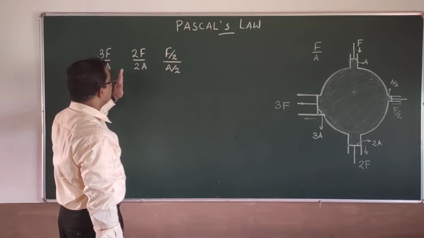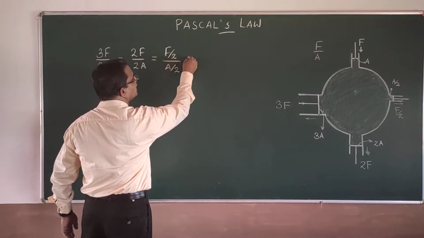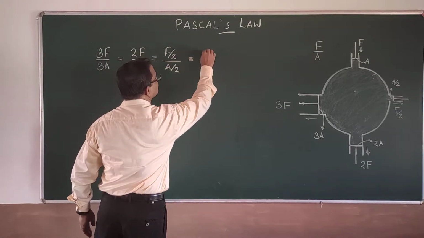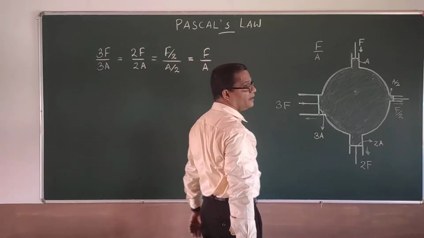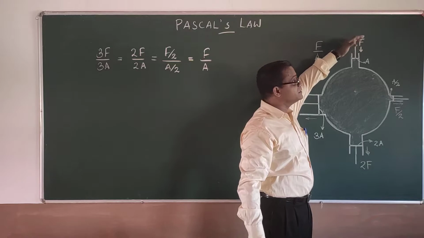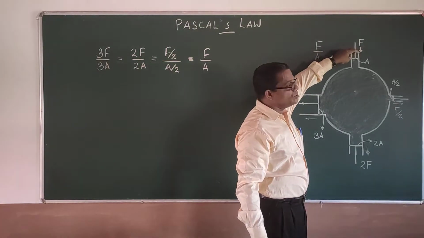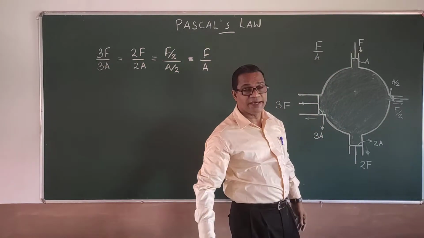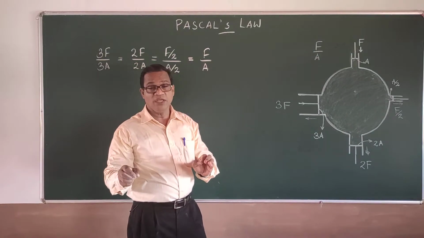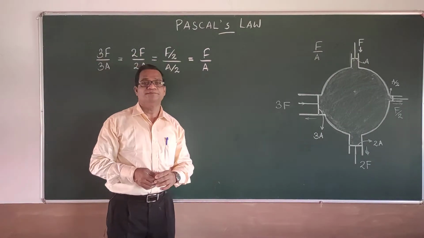You can see that all these pressures are equal and equal to F by A. This F by A is the pressure exerted at this end of the enclosed fluid. So this pressure is transmitted through the fluid in all other directions the same way, without any loss.